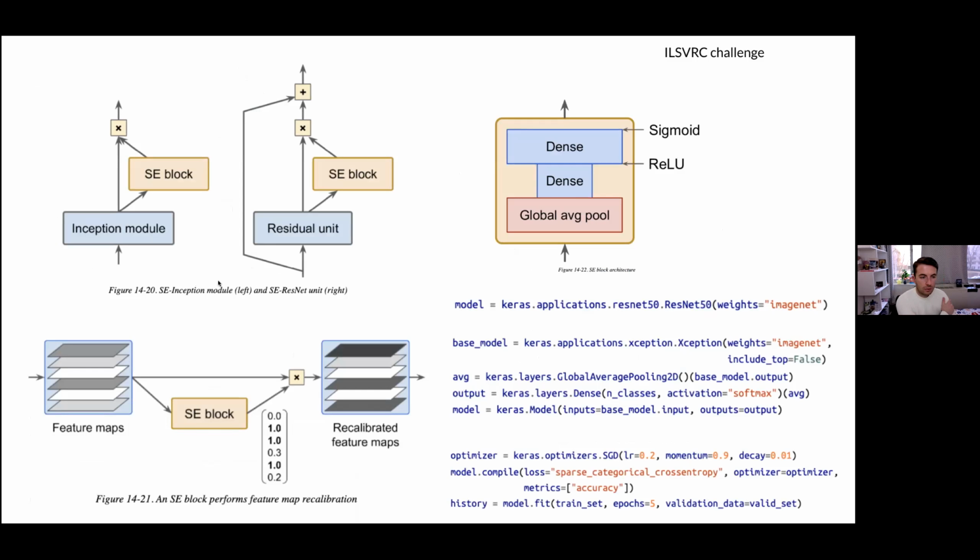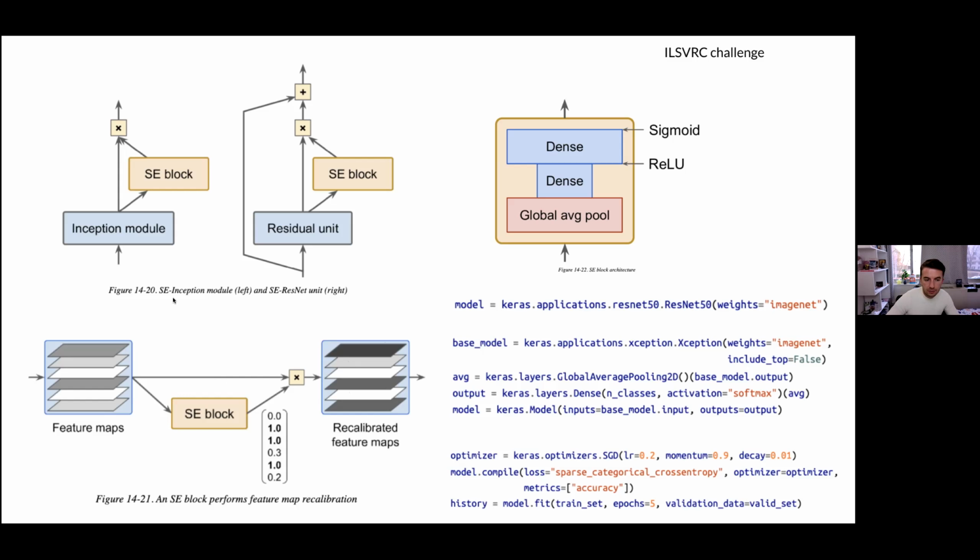Then another one was the squeeze and excitation network, where you have a block, but that block is actually a small neural network that tries to figure out which channels to pay attention to, which channels to upgrade or downgrade, what is called recalibrate, based on your task.